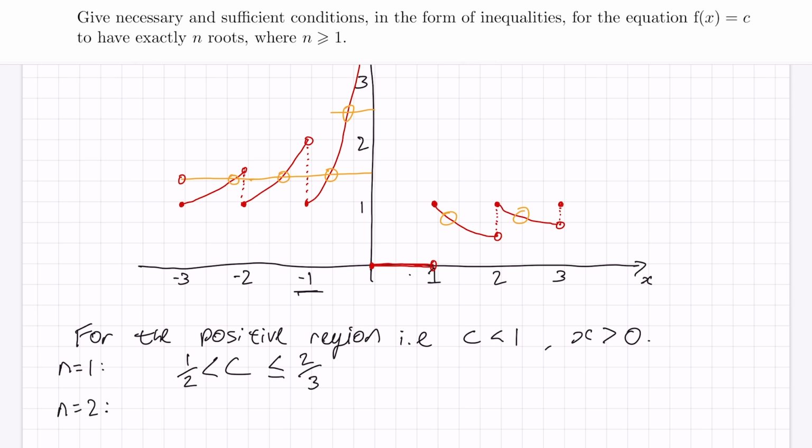Okay, what about next? n equals 2. Well, we can consider the next part of the graph. I haven't actually drawn it on here, but it would come down to here, something like this. And from earlier work, that would be at 3/4.